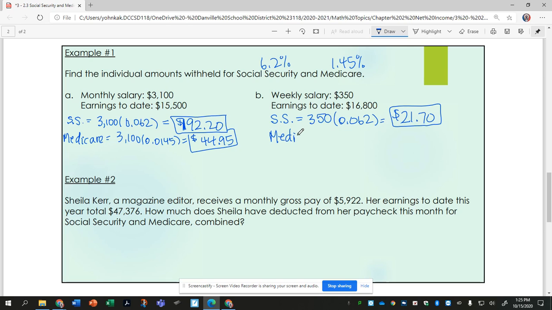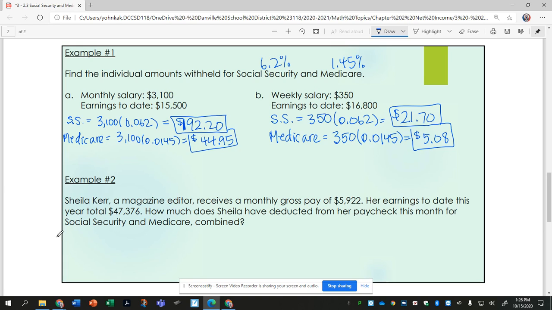Medicare, we're again going to take the weekly salary of $350, and this time multiply by 1.45% or 0.0145. After you multiply that, you get $5.08. That's how much is taken out of the weekly paycheck to pay for Medicare in the future.